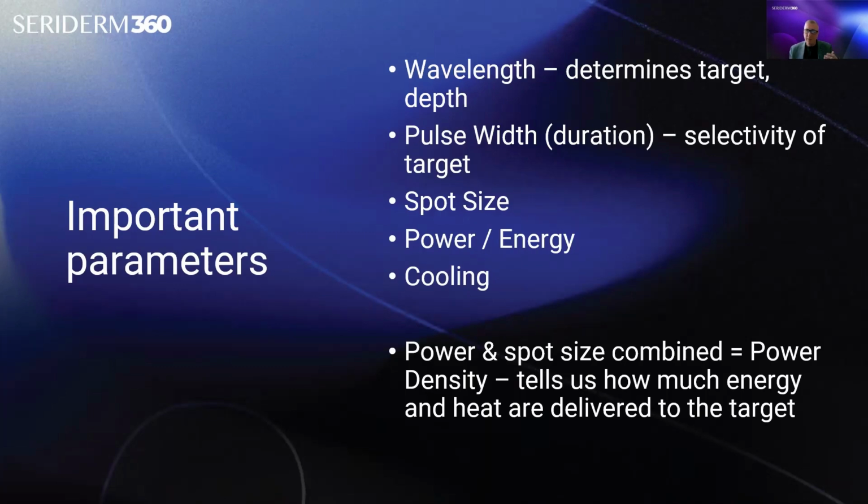And then we've got to make sure we have the correct spot size, because spot size also has an impact on depth of penetration. Then we've got to make sure we have sufficient energy to get us to temperature. And we've got to make sure we get the cooling right. So that's making sure we get the right amount of pre-cooling and the right amount of post-cooling. We've got a mini episode where we'll be looking at cooling and the effects of cooling and different ways to cool.